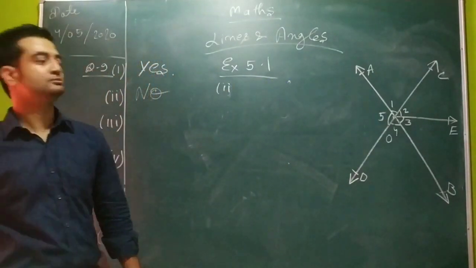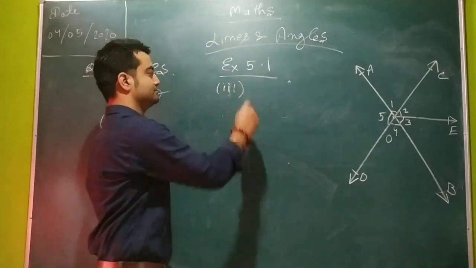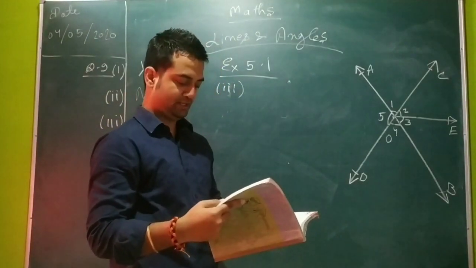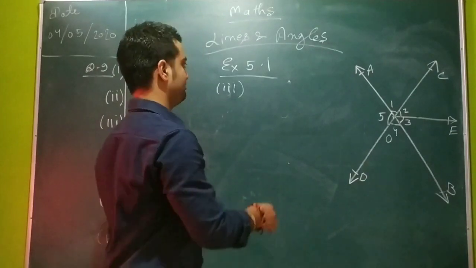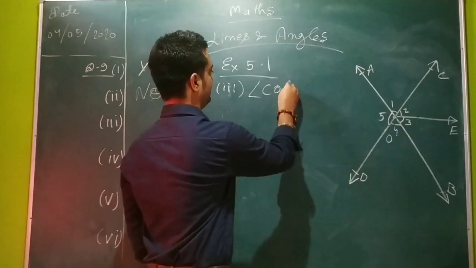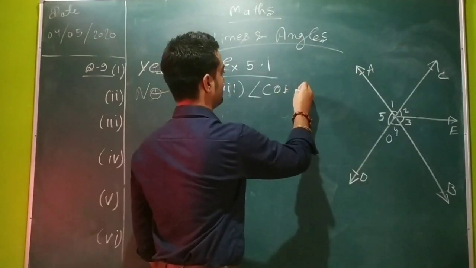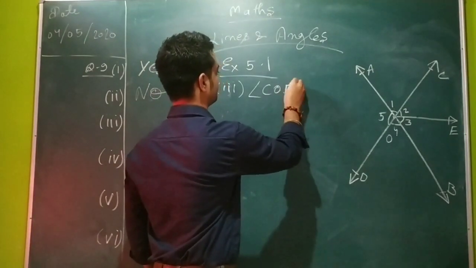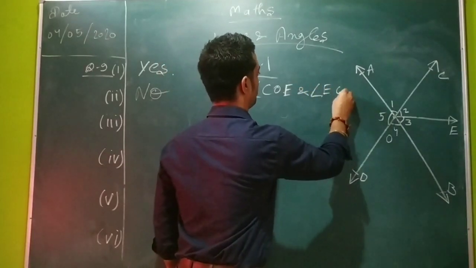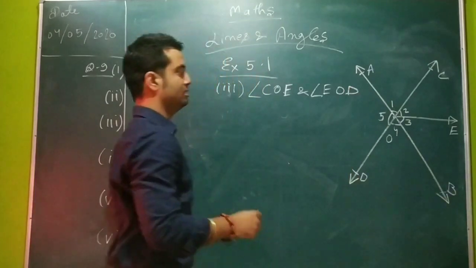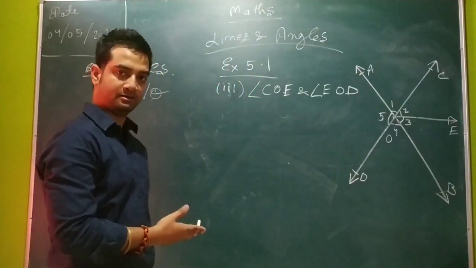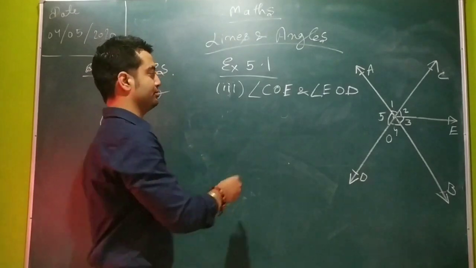Now, the third part of this question asks about two angles, angle COE and angle EOD. We have to find out whether these two angles are a linear pair or not.